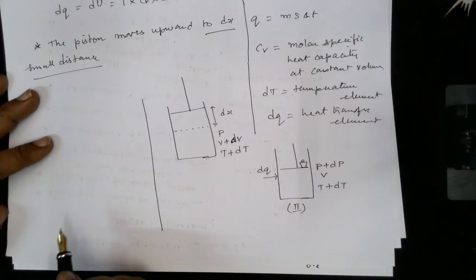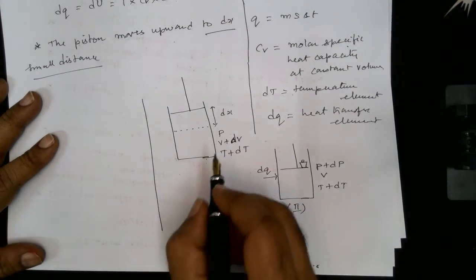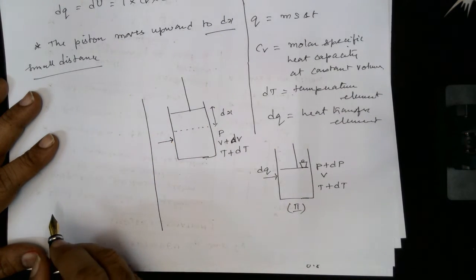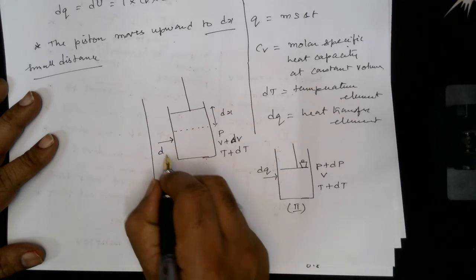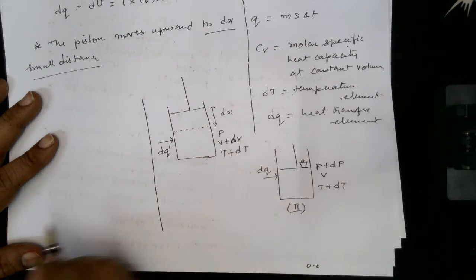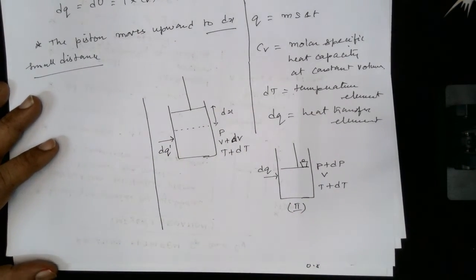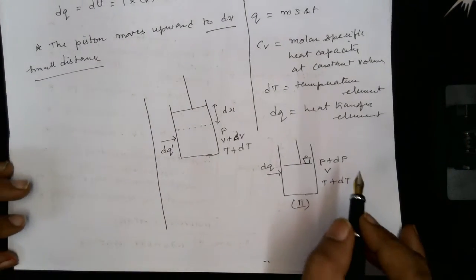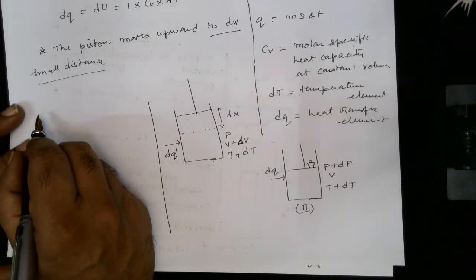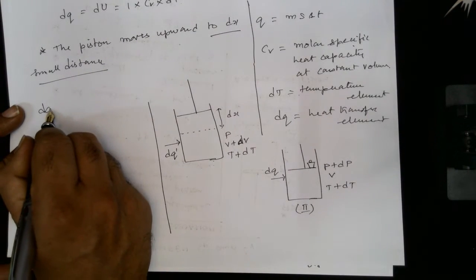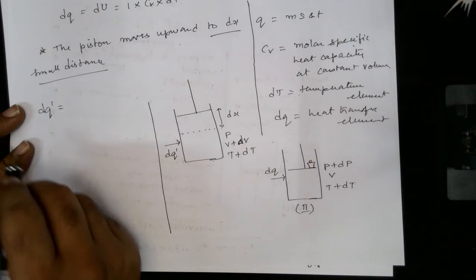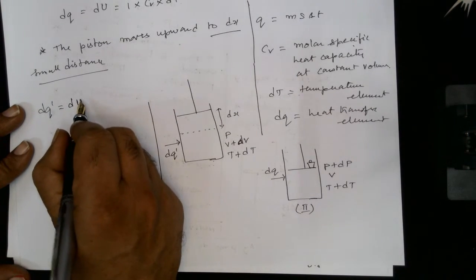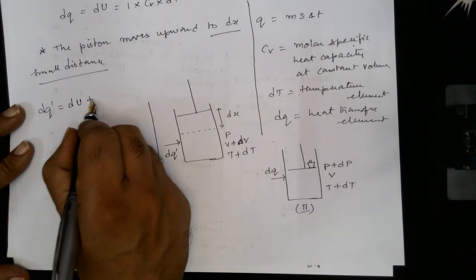So here the heat absorbed is transferred as dQ dash. In this case, I am calculating dQ dash according to the first law of thermodynamics, dU plus dW.